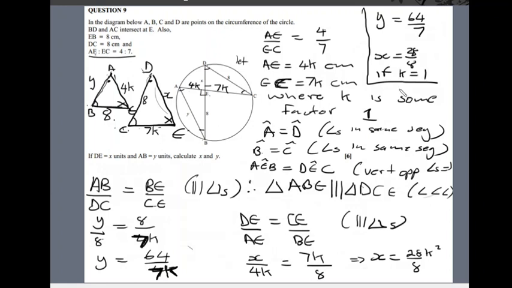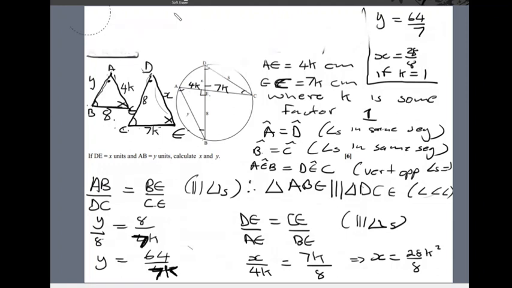Because this is a ratio, it's not implying length, so actually length, it's a ratio. Yeah, so this is how you solve question 9, and then we can proceed to question 10.